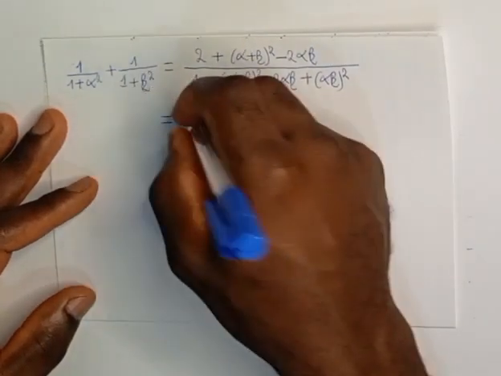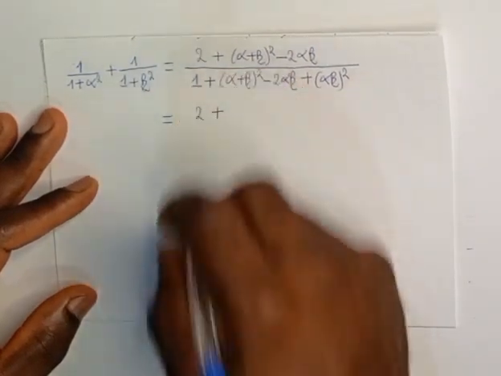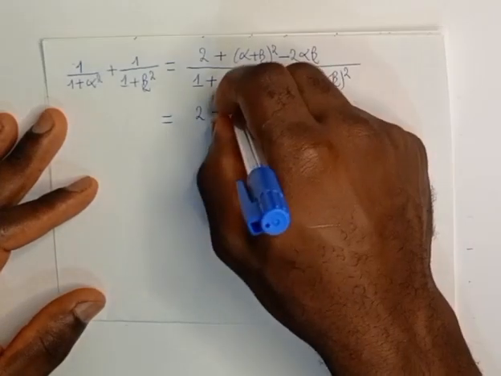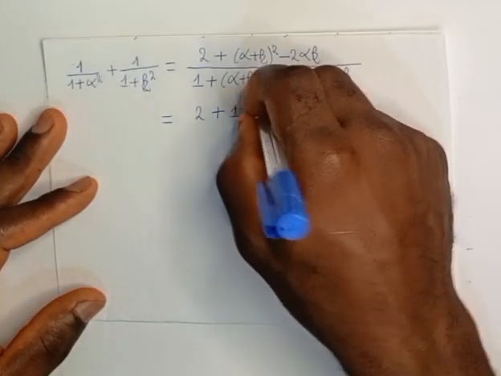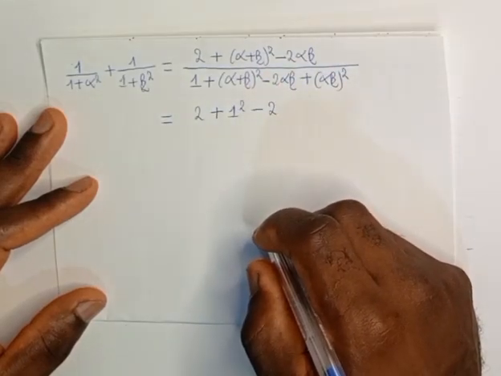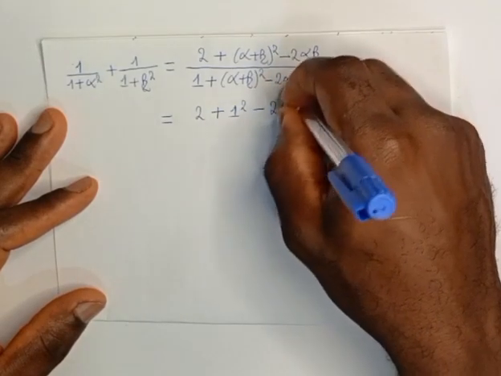This will simply be equal to 2 plus, we know the sum of roots alpha plus beta is 1, plus 1 squared minus 2 times the product of roots alpha times beta, which is 2.